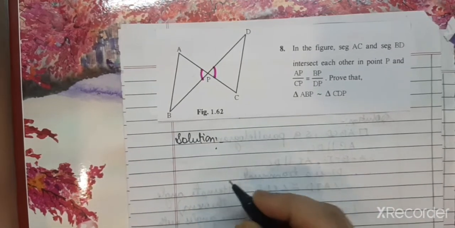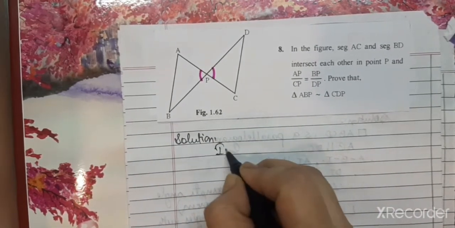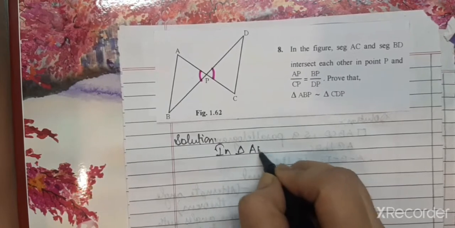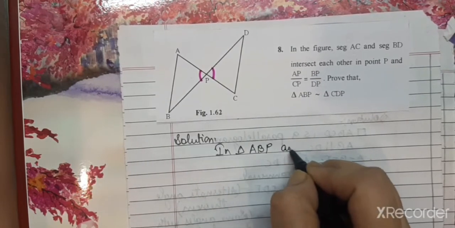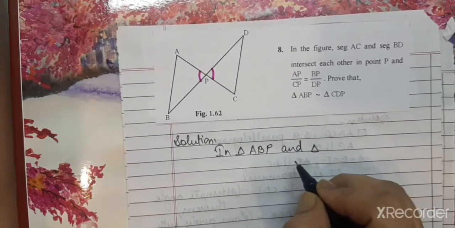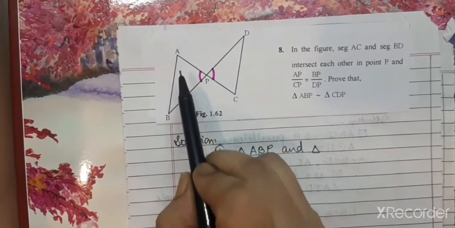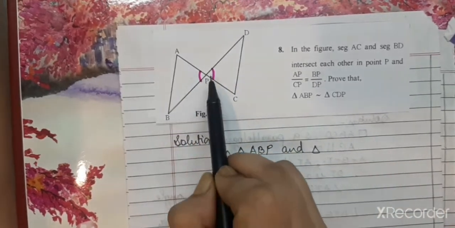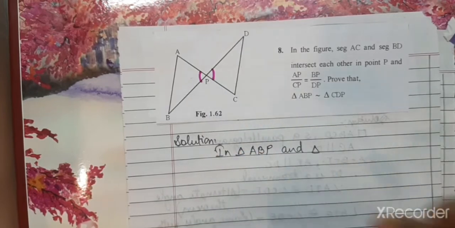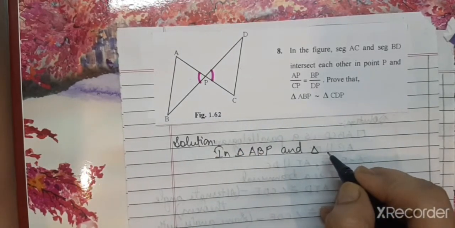So, we start. We take the names of the triangles: triangle ABP, and the other triangle.